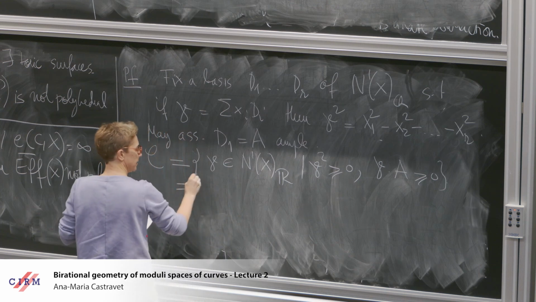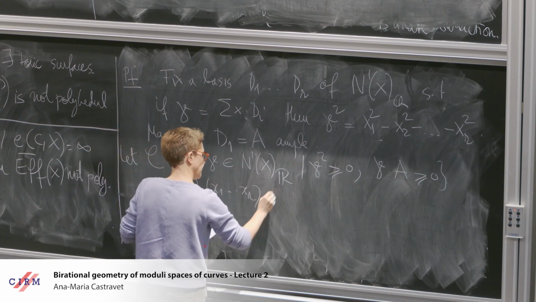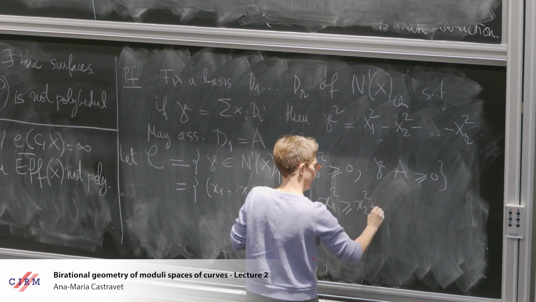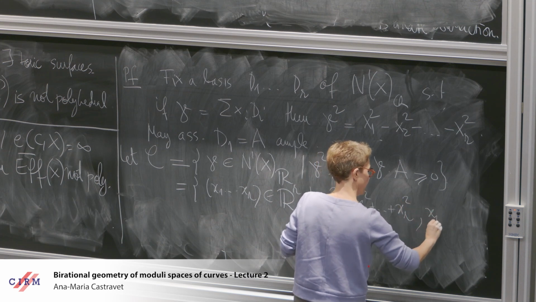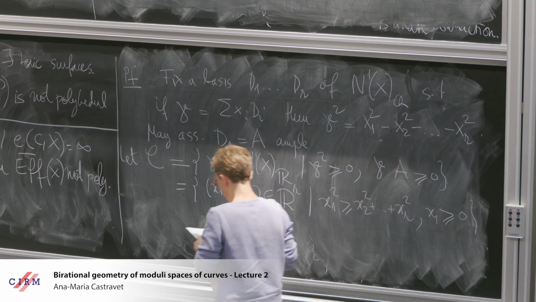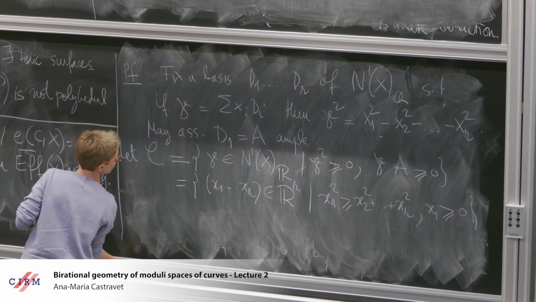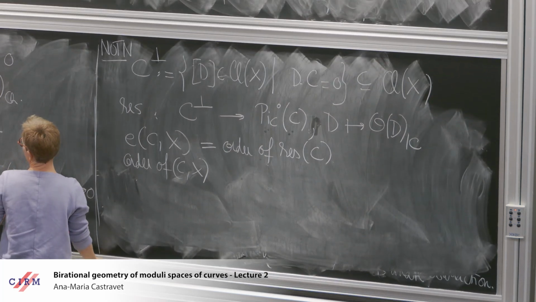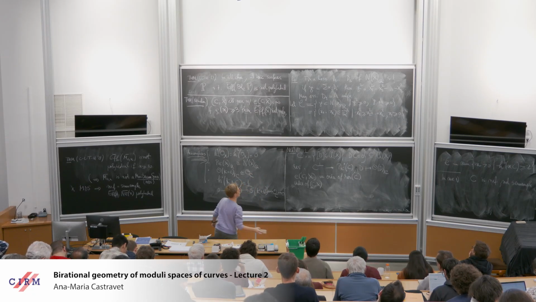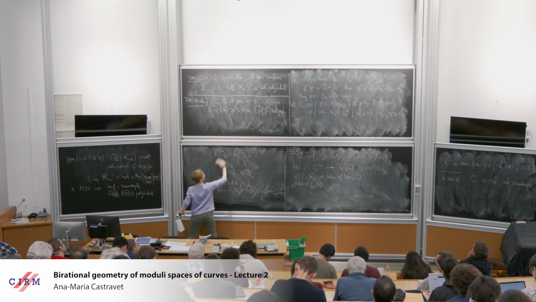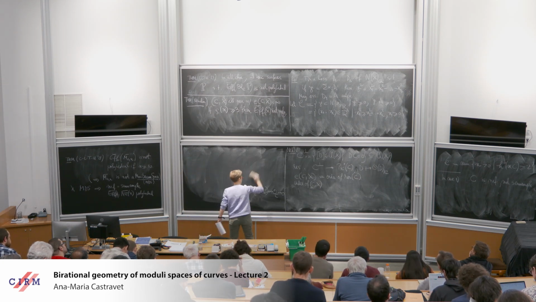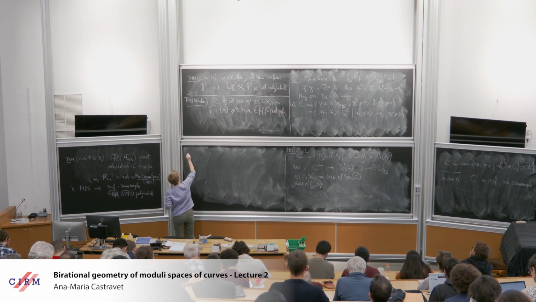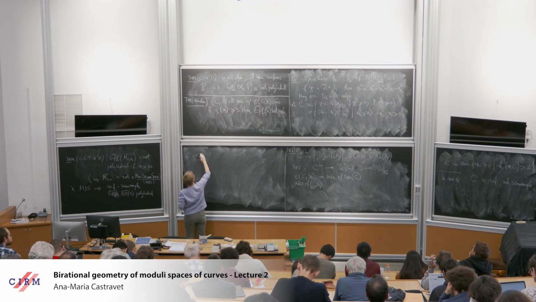Explicitly, okay, and so then if the Picard number is at least 3, then the light cone is round.